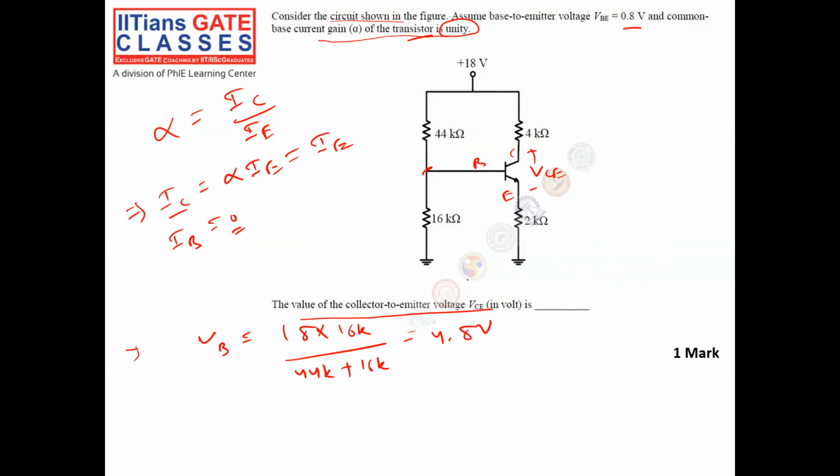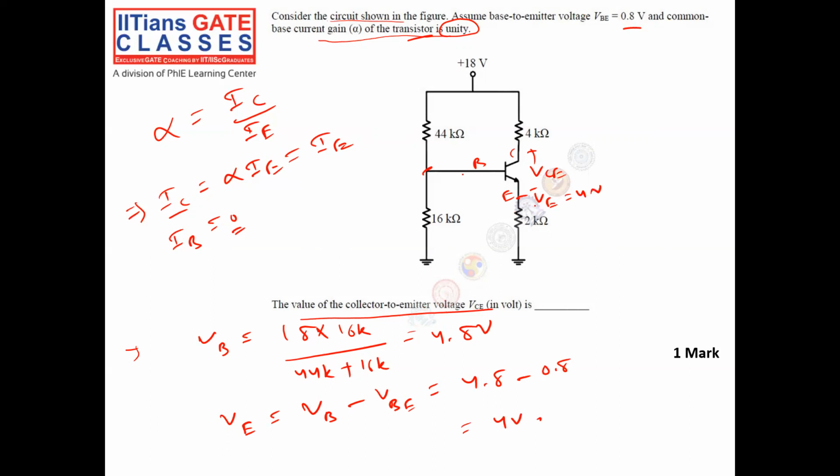Now what is VE? VE is equal to VB minus VBE. So 4.8 minus VBE, which is given as 0.8, is equal to how much? 4 volt, right? So VE is equal to 4 volt.